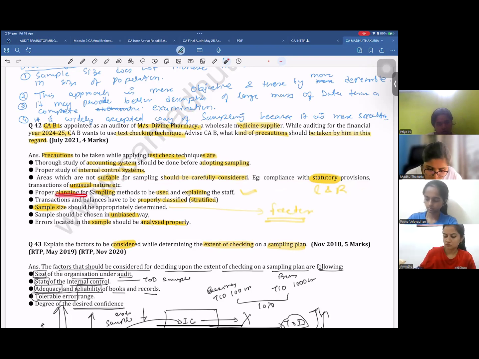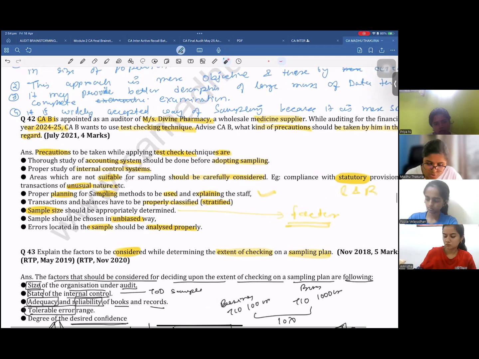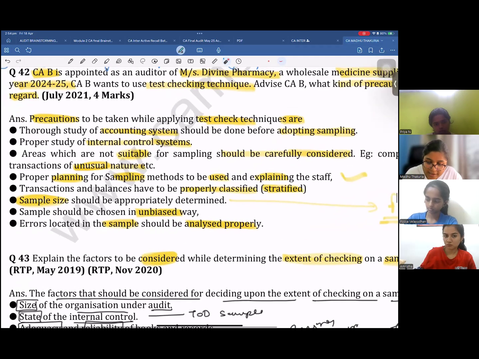Then, for proper planning of sampling, the methods to be used should be decided and explained to staff. So basically, you need to do proper planning for the sampling, and also explain it to your team. Then transactions and balances need to be properly classified. How will you do that? Through strata. Then the sample size should be appropriately determined.